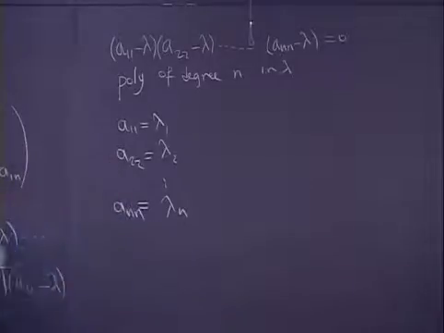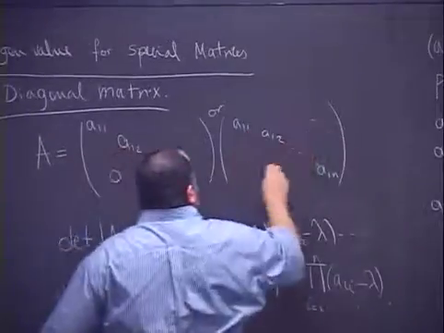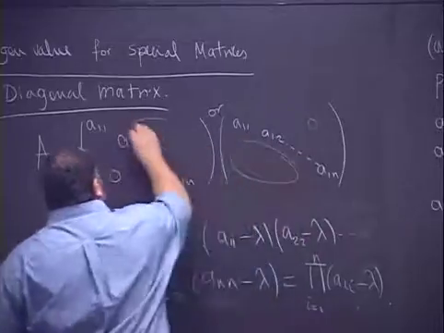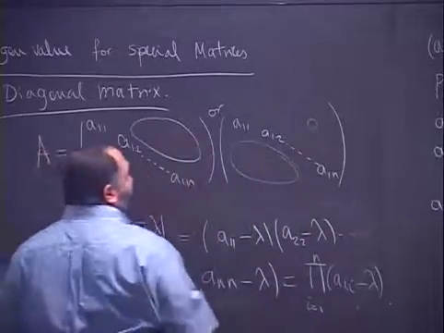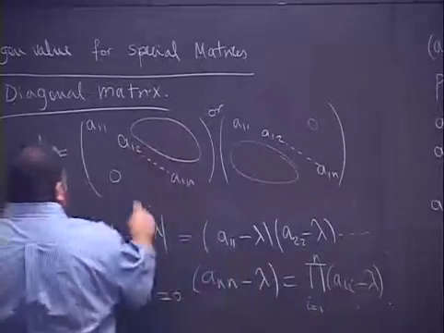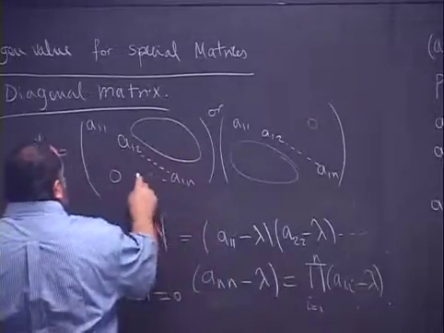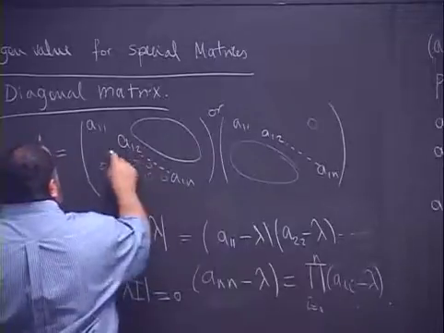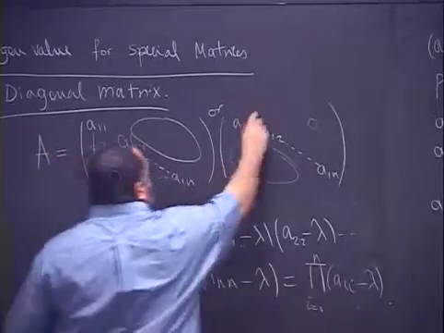Again, as you said, if you have off-diagonal elements here, and of course you will have zeros everywhere under the diagonal, and the same situation here.